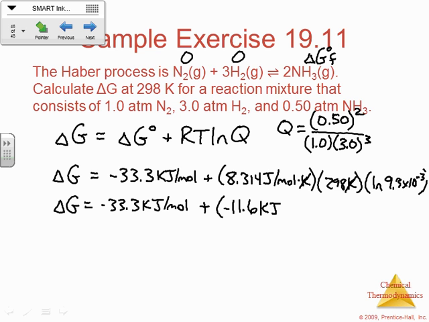Now we can add these two together because they have the same units. Okay. So our delta G for this is negative 44.9. All right.